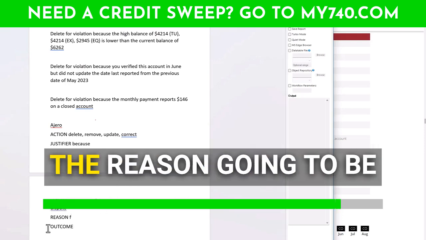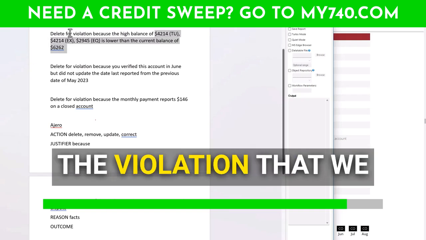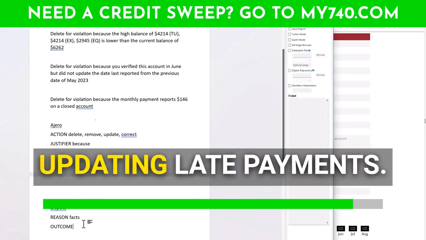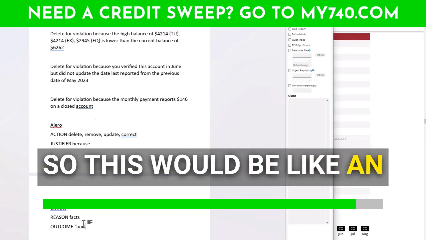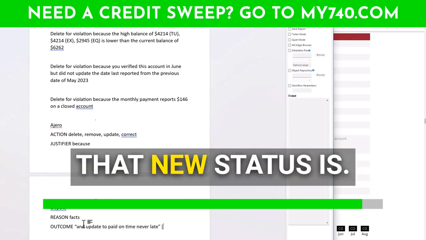The reason is going to be the facts, such as these amounts appear for the violation that we had in the high balance, and the outcome is normally used for updating late payments. So this would be like an update to paid on time, never late, or whatever that new status is.